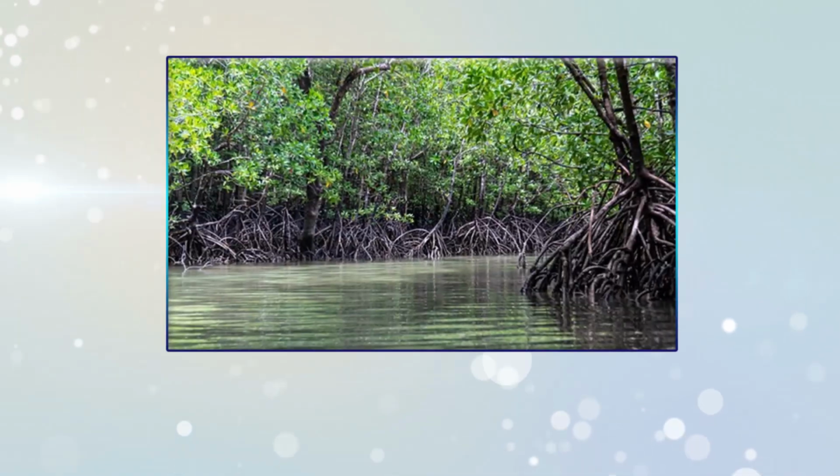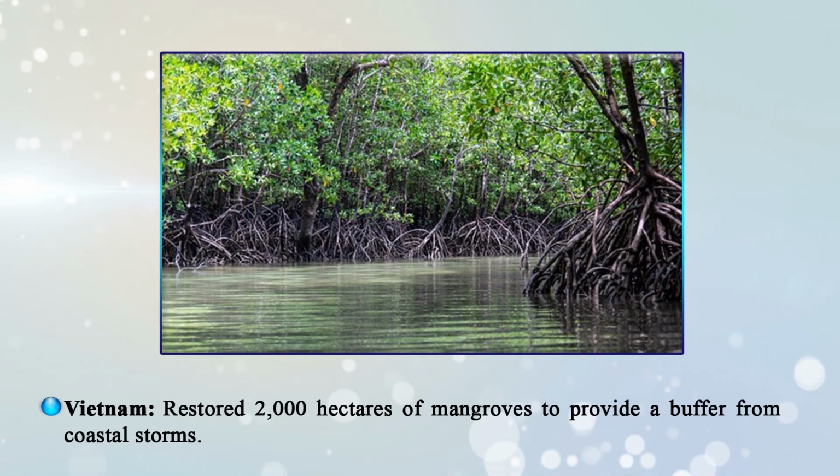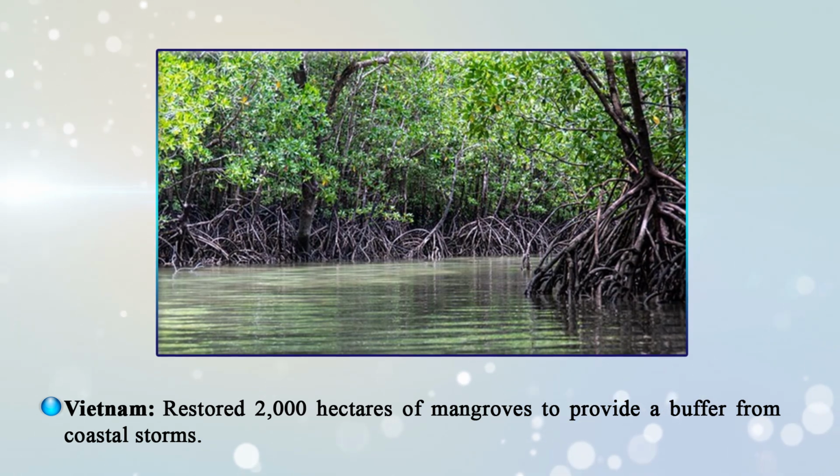Because of all these, certain countries like Vietnam and China have understood that investing in natural resources is one important aspect of how they can protect themselves from disasters and coastal storms. In this figure, it is the mangrove tree that is seen, and Vietnam restored 2000 hectares of mangroves just to provide a buffer from coastal storms.